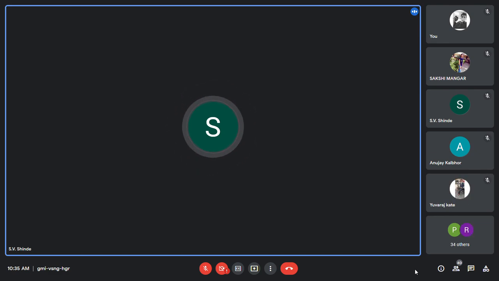So the infix expression is given. We expect you to convert it into prefix and postfix and provide the answer for the same.